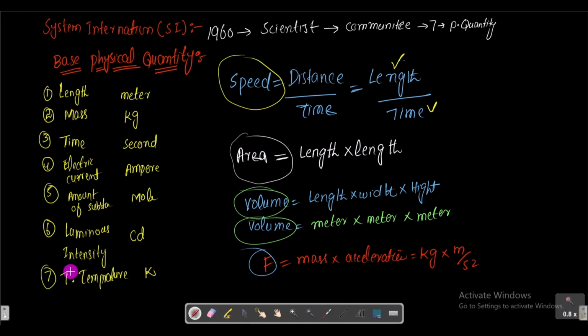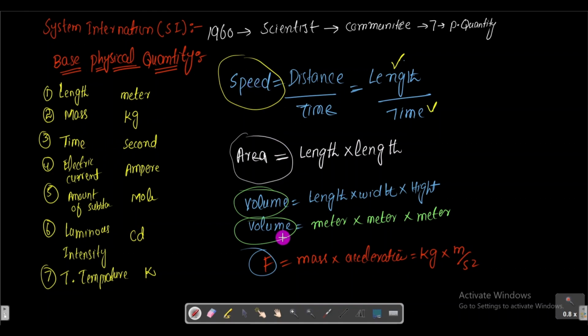Area is not explicitly present among the base physical quantities, but its formula consists of length multiplied by length, and both lengths are base physical quantities. So area comes from the multiplication of base quantities. Similarly, volume also comes from the multiplication of base physical quantities, and the force formula also ends up with base physical quantities.